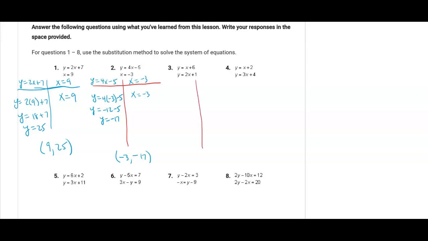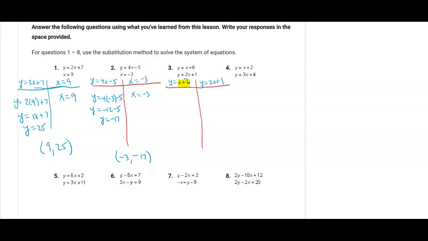So the next one. This is where it gets maybe a little complicated, but 3 and 4 are the same problem with just different numbers, right? So let's go through this one. All right, I put the two equations up here. Now, it doesn't matter. You see how this is y equals? What is the value of this y value? x plus 6.